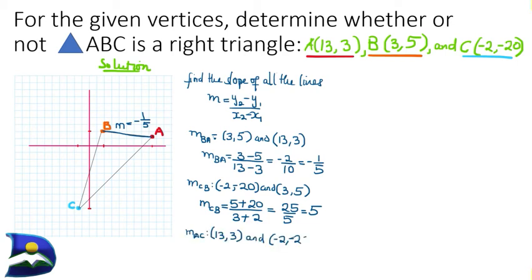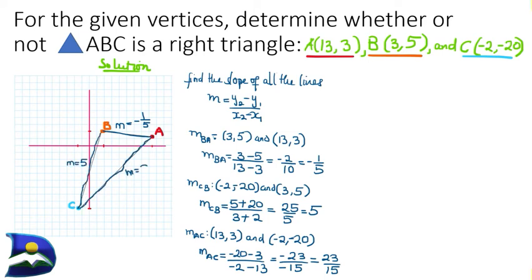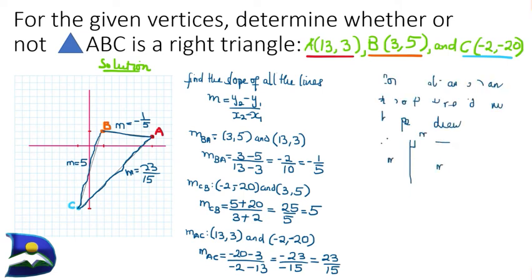And finally, our last line, which is AC, we re-express that, and we figure out the slope is equal to 23/5. So those are the lines here: one has m equal to 5, and the other has slope 23/5.